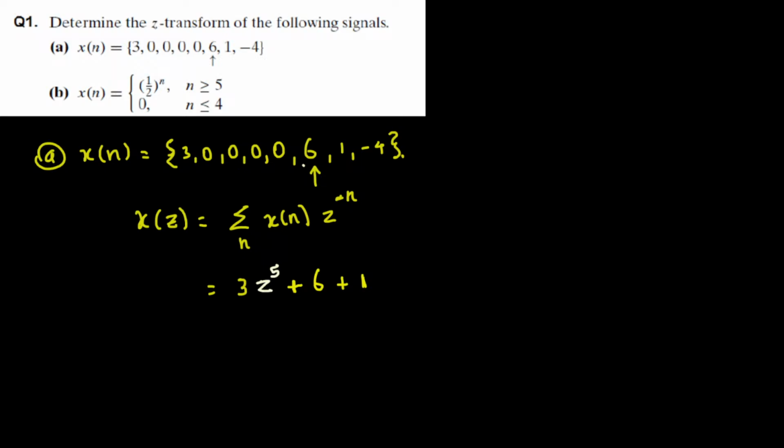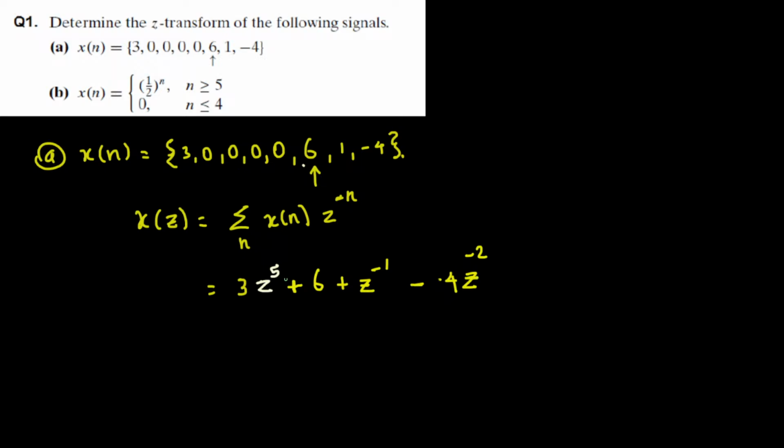So we can just write it as z power -1, because if you multiply z power -1 by 1, that's just going to be z power -1. And the next one is -4 z power -2. So this is plus minus, so we can just put a minus here. Okay, and this is a Z transform.